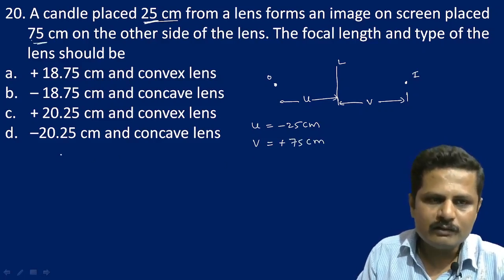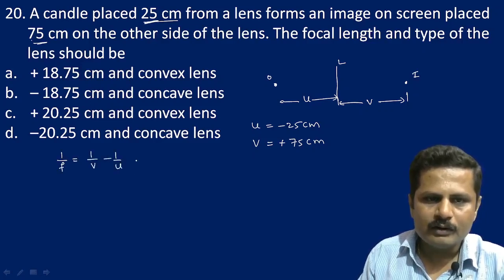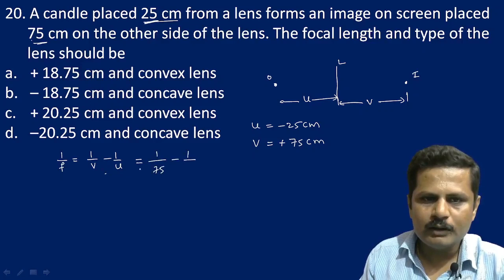Now from the thin lens formula, we know that 1 by f equals 1 by v minus 1 by u. Substituting the given values, 1 by f equals 1 by 75 minus 1 by minus 25. On taking LCM, minus becomes plus, so it will become 1 plus 3 over 75, which is 4 by 75.